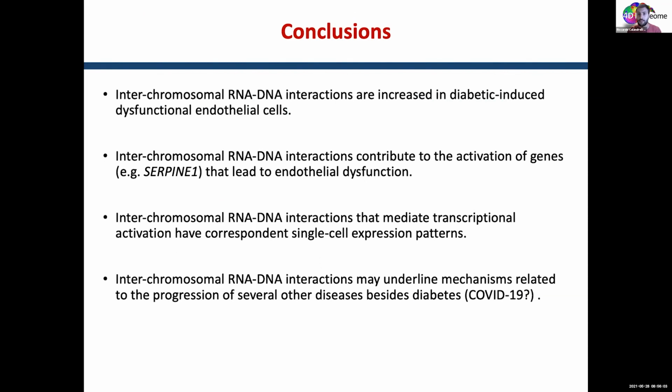So to wrap up, since my time is almost over, we have shown how interchromosomal RNA-DNA interactions are increased in dysfunctional cells caused by diabetes, and also that these interactions contribute to the activation of those genes that are responsible for the initiation of the cascades of events leading to endothelial dysfunction, such as the SERPINE1 gene that we have also further tested.